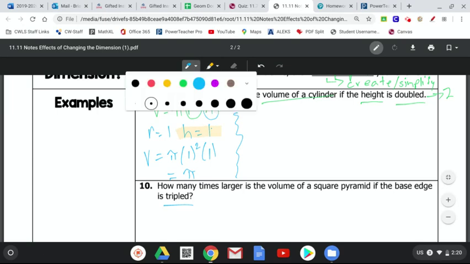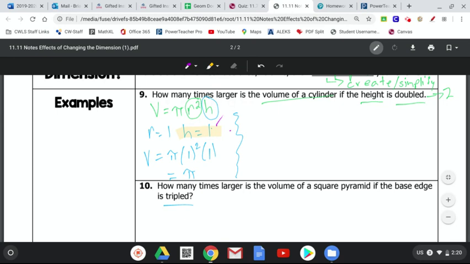We are going to go over here and double that, so we're going to multiply by 2. When we multiply by 2, the height is going to be 2. Radius does not change, okay? All the other variables stay the same. The only one that they tell us is changing gets changed. So radius is still 1.